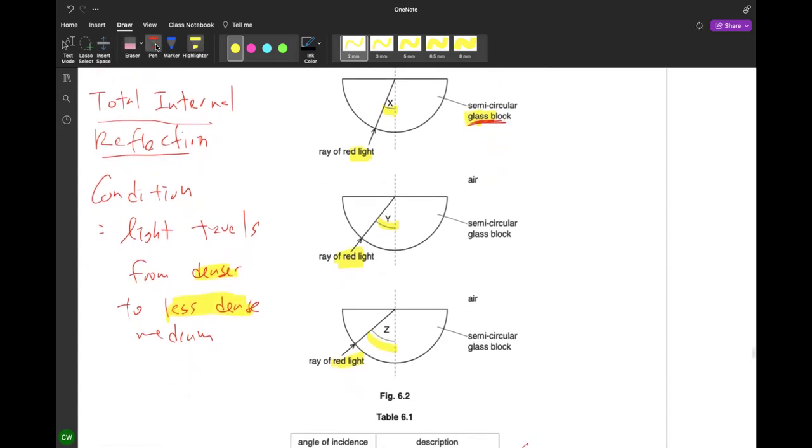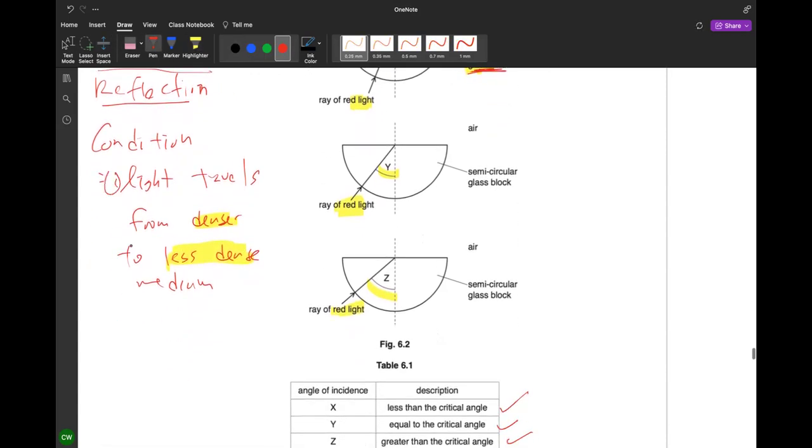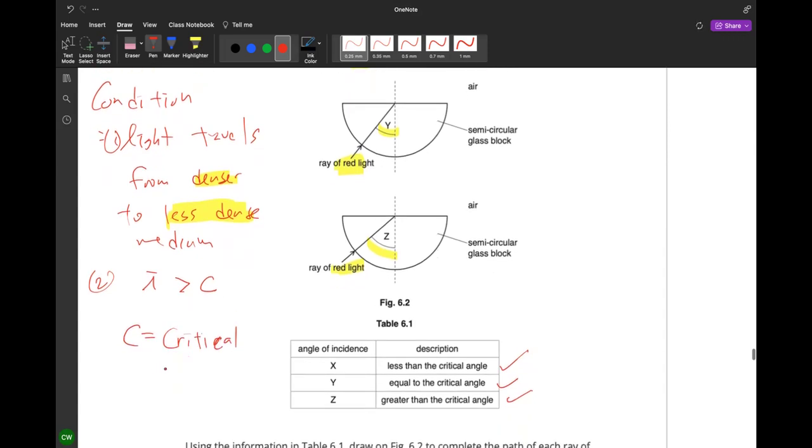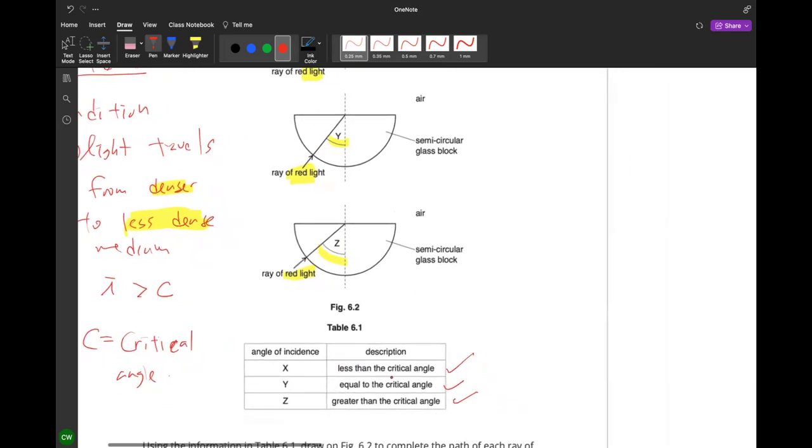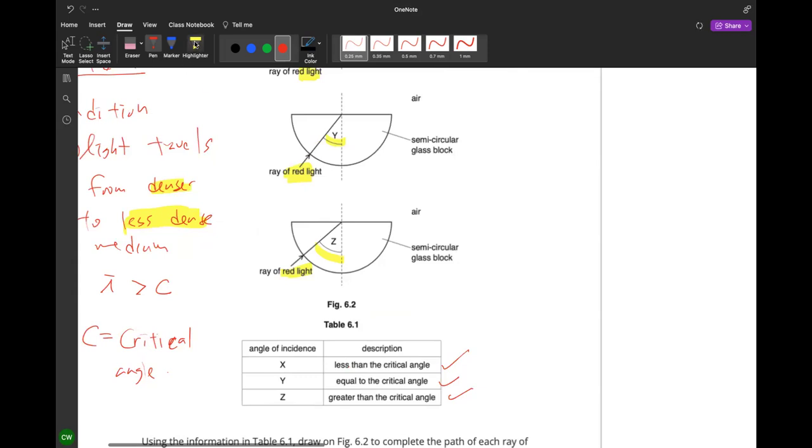The second one: I must be more than what? C. What is C? Critical angle. So that's why there are three situations here: less than the critical angle, equal to the critical angle, and more than the critical angle.